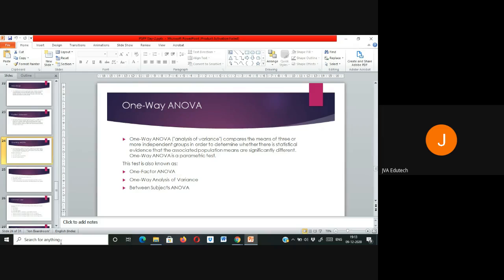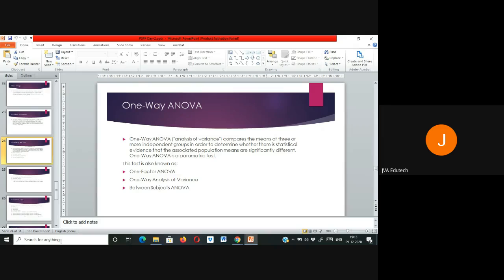In the two sample test, you were testing the case where you had only two groups in your independent variable. Here, if you have three or more groups, more than two groups, then you will go for one-way ANOVA. And this one-way ANOVA is a parametric test.